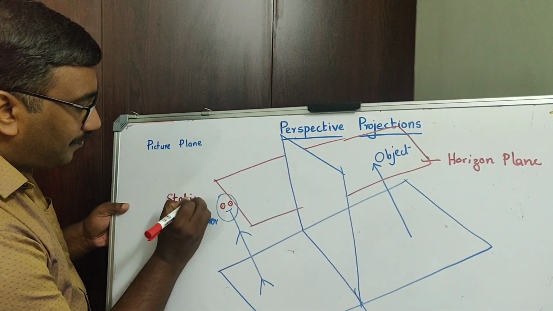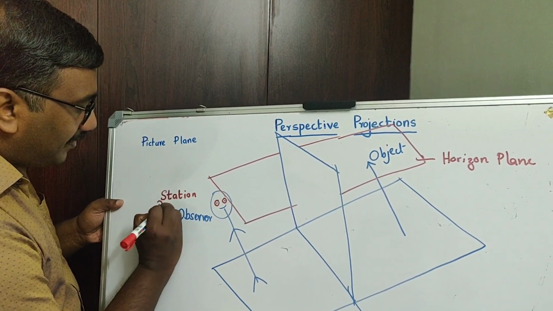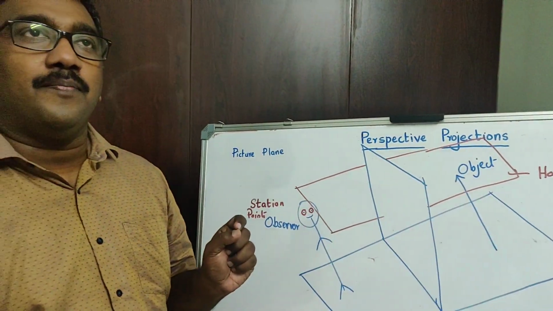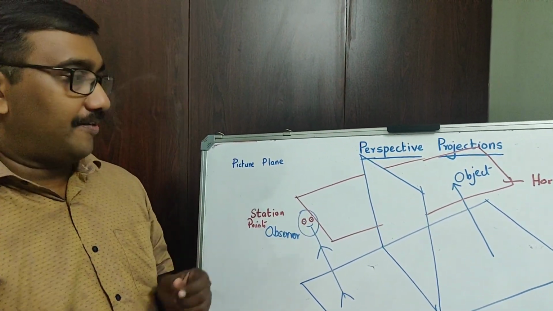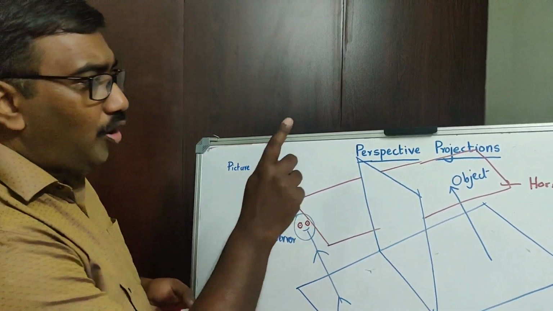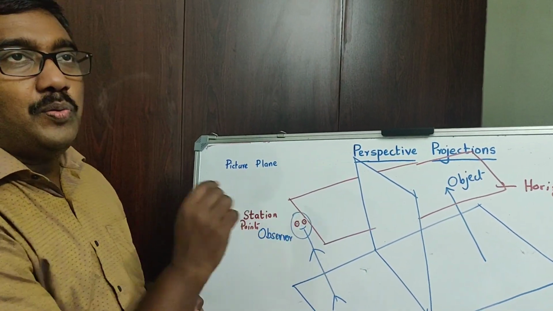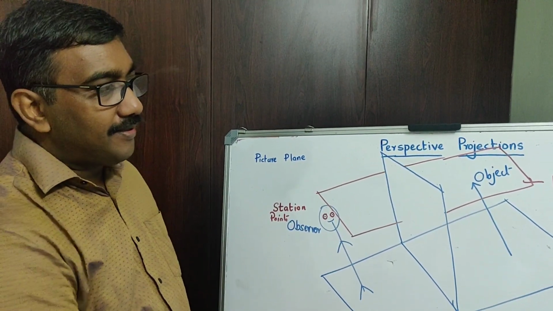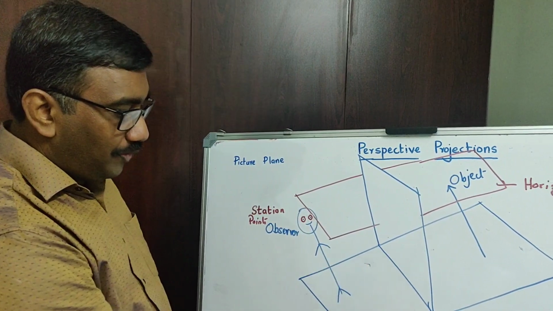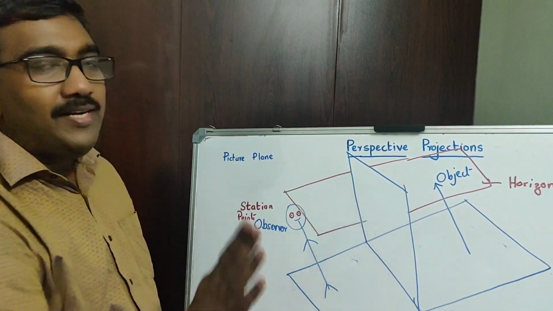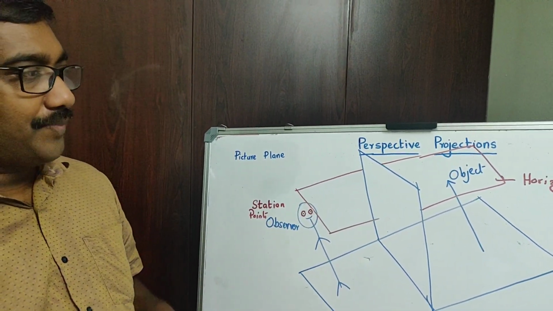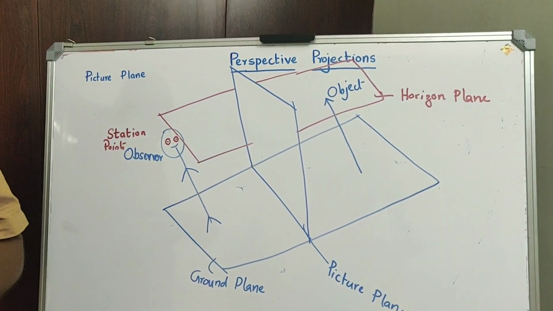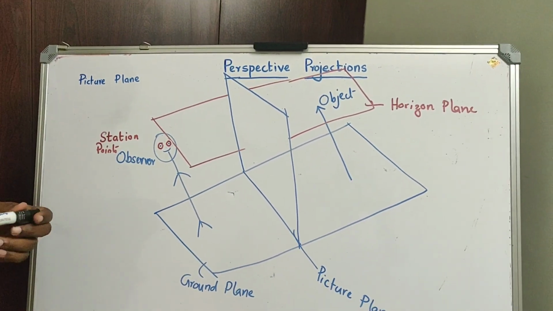From here onwards, wherever you see the term station point, it is the eye of the observer. The horizon plane is passing through the eye of the observer. The peculiarity of horizon plane is, it is parallel to the ground plane and perpendicular to the picture plane. Okay. Now there is one more plane which is important, that is known as the central plane.